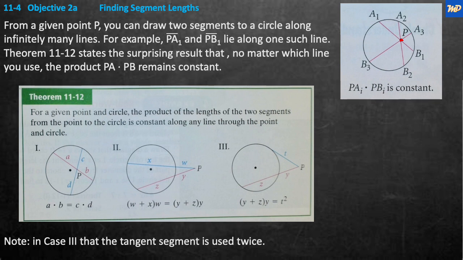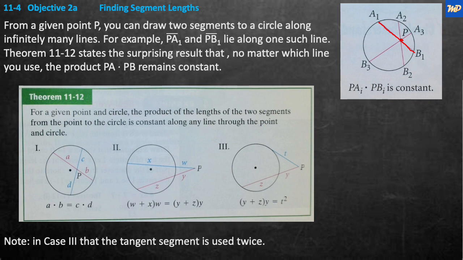There's a line going through the point intersecting the circle, and that point creates many different lengths of PAs to PBs, so to speak. For example, PA1, which is this one right here, and PB1 lie along one such line.